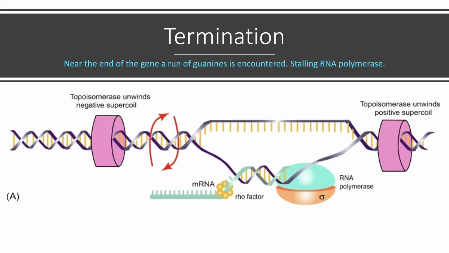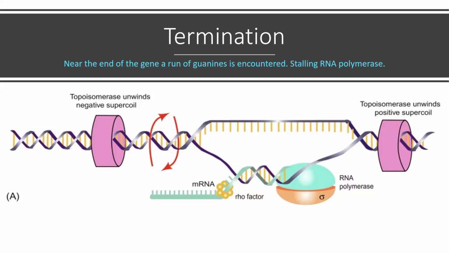And eventually the polymerase is going to have this string of guanines. And so if you remember, guanines have three hydrogen bonds, and so they actually are a little bit harder to make. And when you get a string of them, you slow down the polymerase, and so it begins to stall.